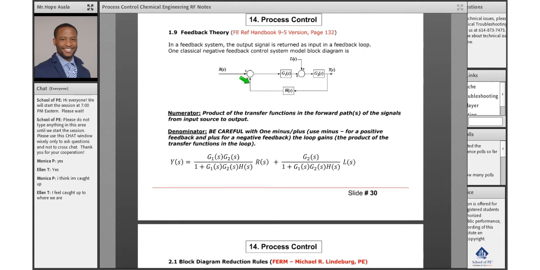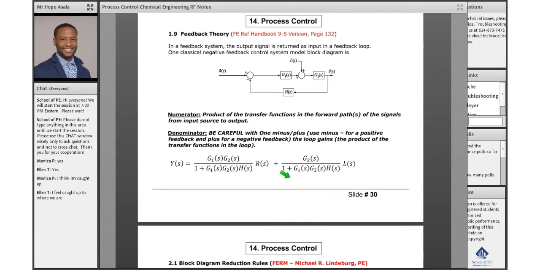They're referring to the sign at the bottom. It could be negative, as in this case, and it could be positive. When it's negative here, that's when you're usually going to have a plus sign here. When it is positive, you're going to have a negative sign here. But most of the conventions you see in the books have a negative sign here, and then you have a plus sign in the denominator.